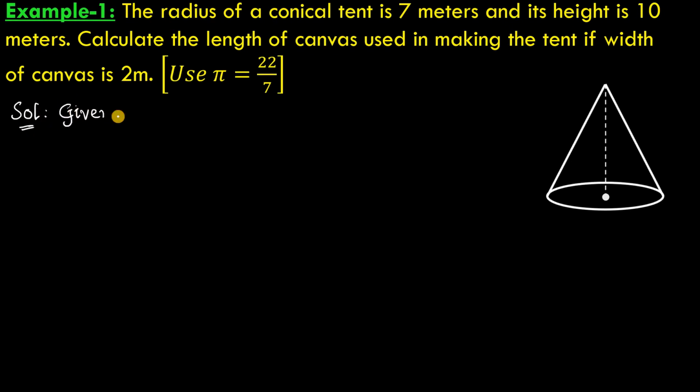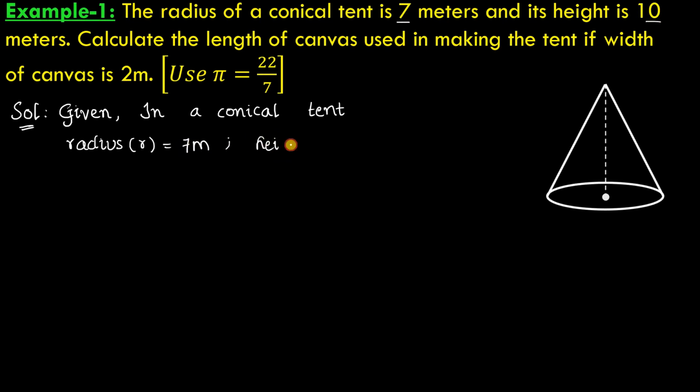Given: in a conical tent, radius r. You can write simply r or you can write radius is, next height h 10 meters.